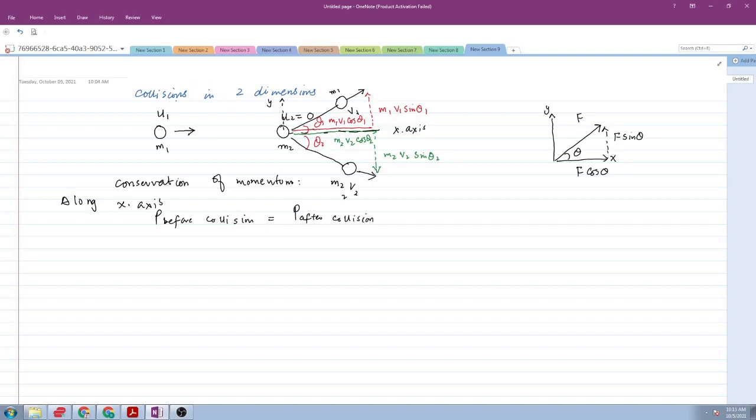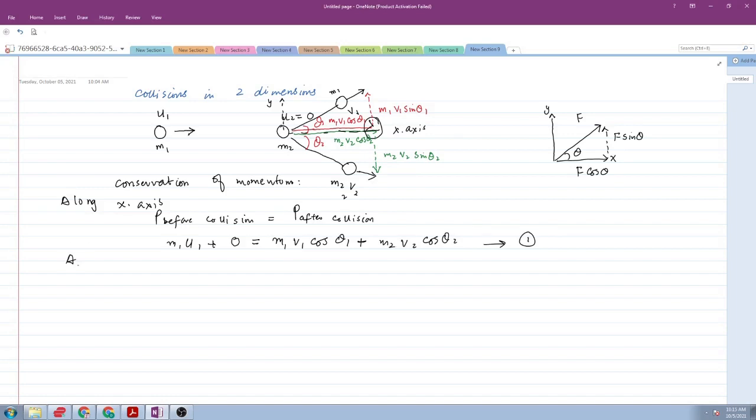Momentum before collision is the incident ball having mass m1 and velocity u1, and the target ball is at rest, so the momentum of that is 0. This is our momentum before collision along the x-axis. Now after, we have m1 v1 cosine theta 1 and m2 v2 cosine theta 2. Both vectors are towards the right, so we consider m1 v1 cosine theta 1 plus m2 v2 cosine theta 2. So this is our equation 1 for conservation of momentum along the x-axis.